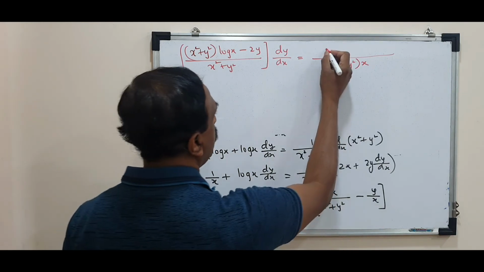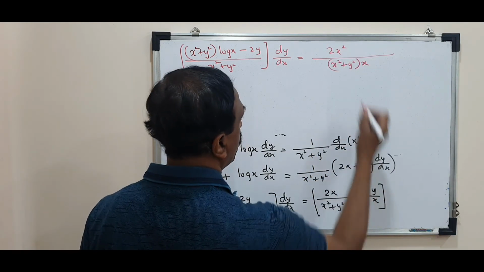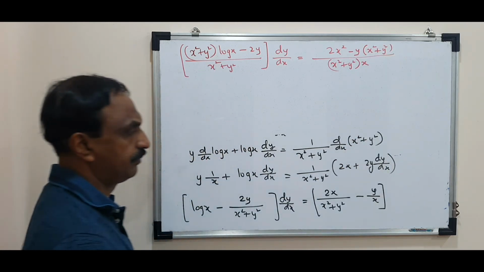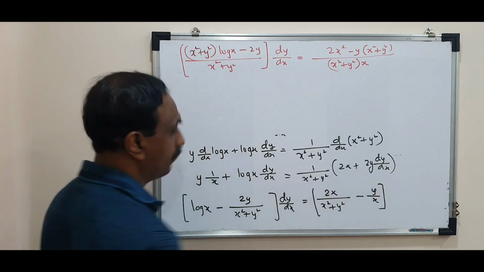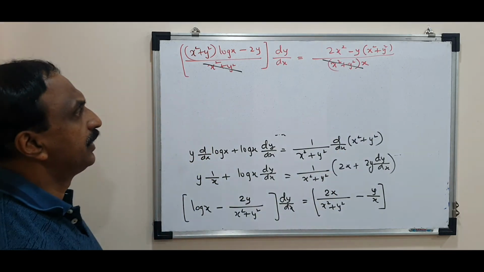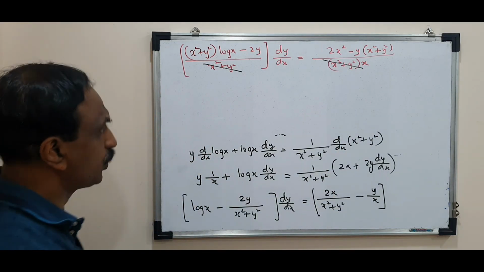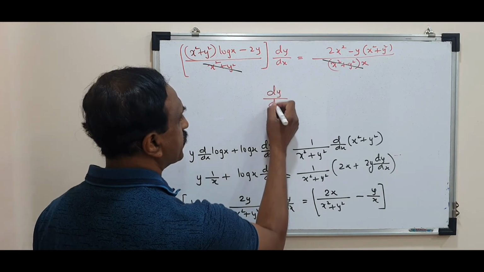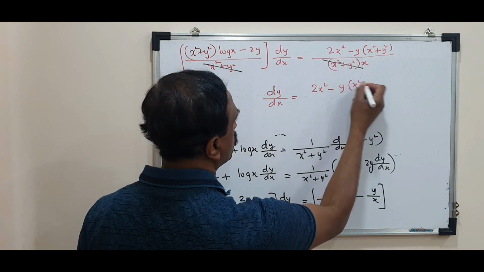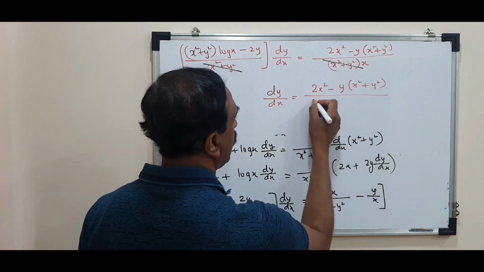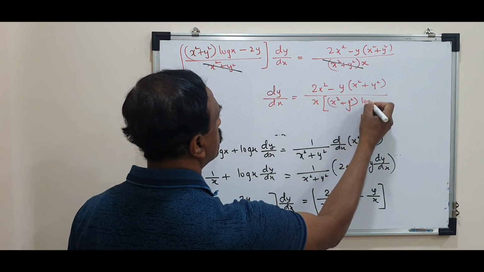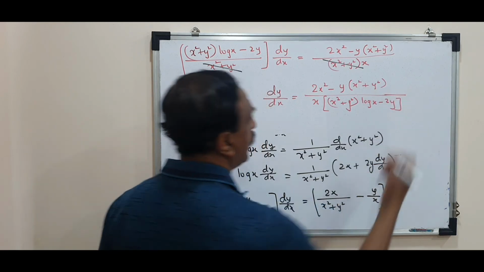So when you cross multiply, 2x square minus y into x square plus y square. This x will get cross multiplied, this will go. Now what do you notice? X square plus y square can be cancelled. Now, any further simplification is not possible, so I'll write my answer. So dy by dx is equal to 2x square minus y into x square plus y square divided by this x and this term, x square plus y square into log x minus 2y. This becomes your final answer.